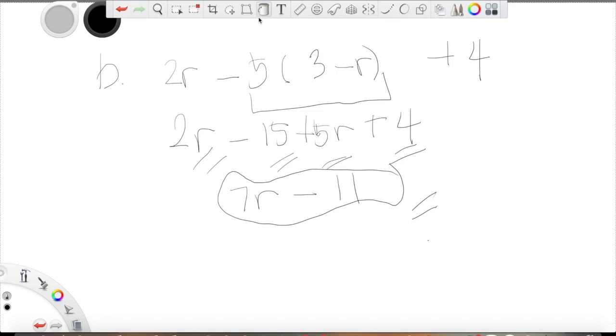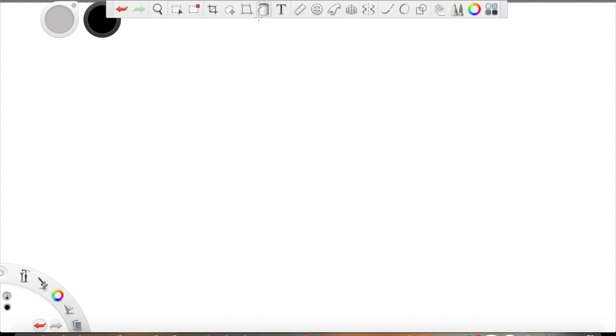Let's move on to the next example. The next example is 4t minus 5 over 4s in parentheses, and then minus 2 over 3t plus 2s in parentheses.